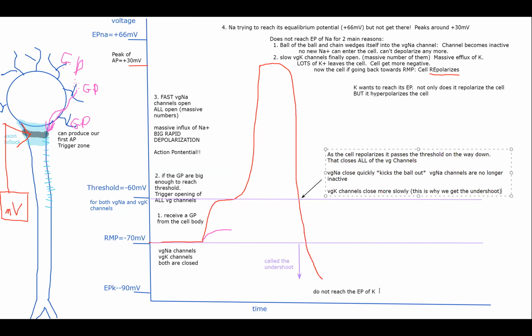Notice we don't reach the equilibrium potential because eventually, with a delay, the voltage-gated potassium channels close. And of course, once they close, no new potassium can leave the cell, and it stops hyperpolarizing.